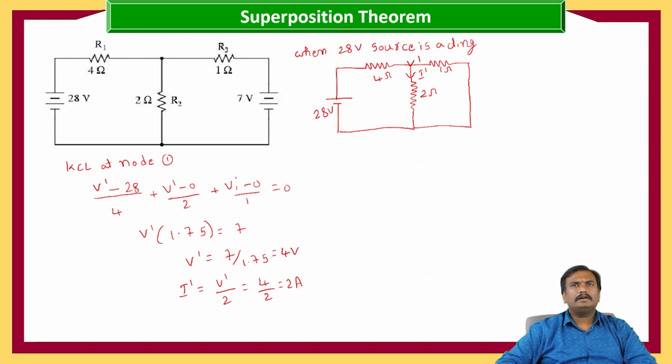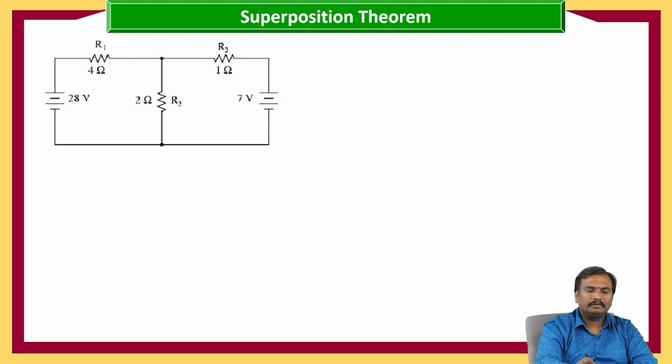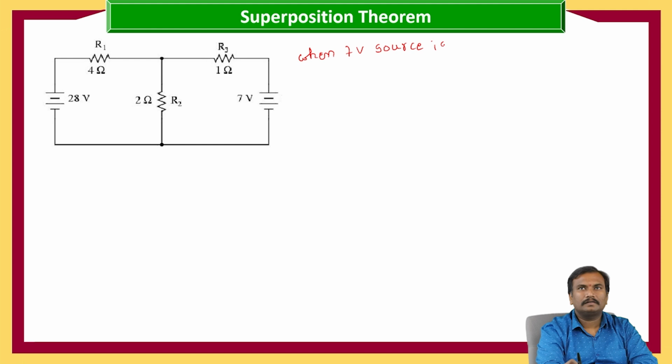Now we'll go with when the 7 volt source is acting. When the 7 volt source is acting, the 28 volt source is short circuited.